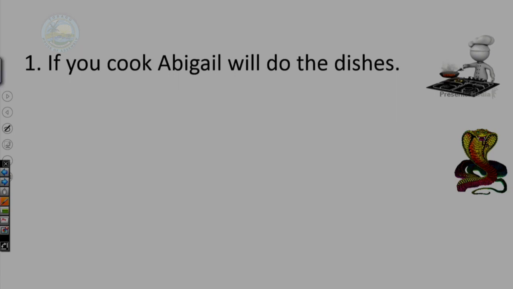Abigail here is a person. Why would one want to cook her? Let me read again. If you cook, Abigail will do the dishes. I think there is a little clue that I'm missing.